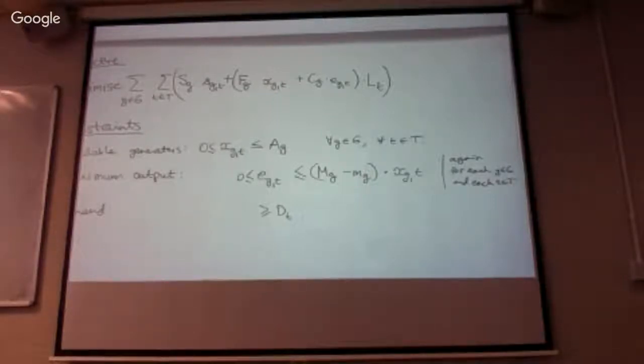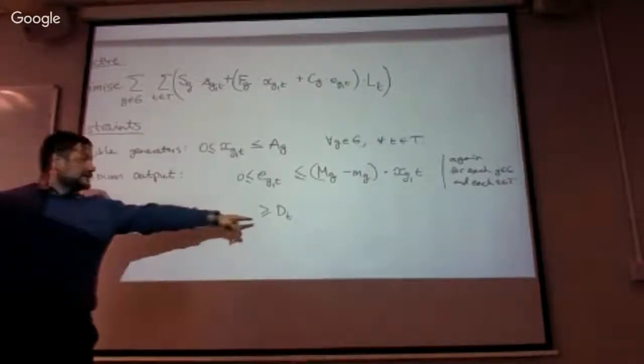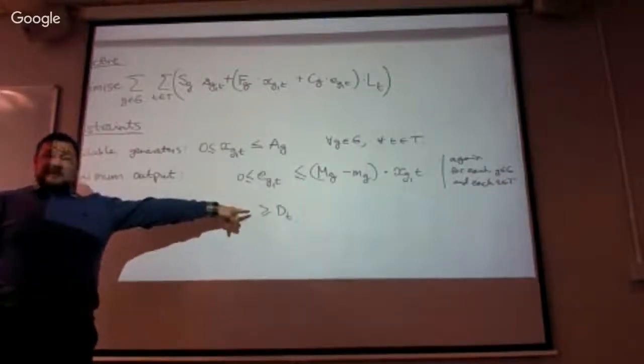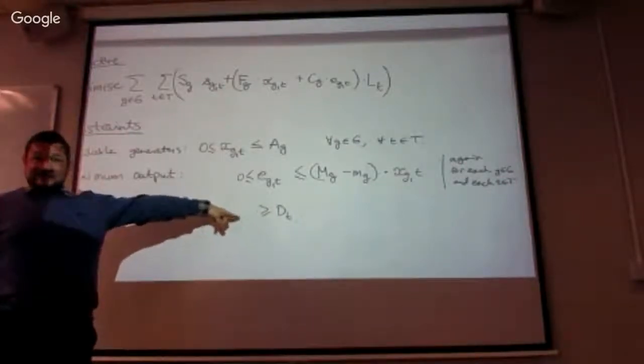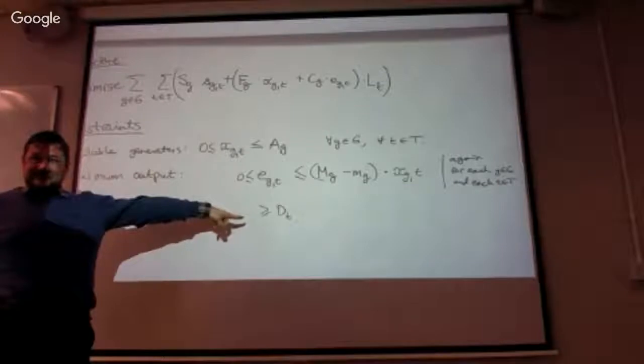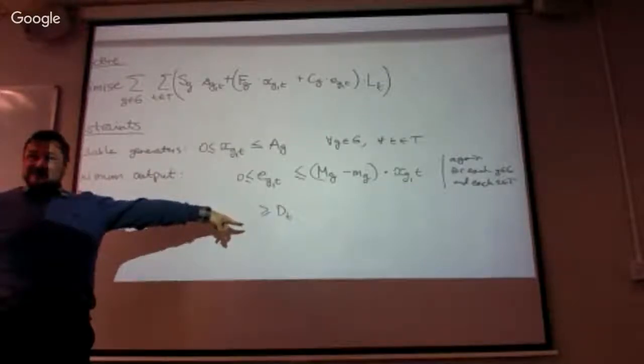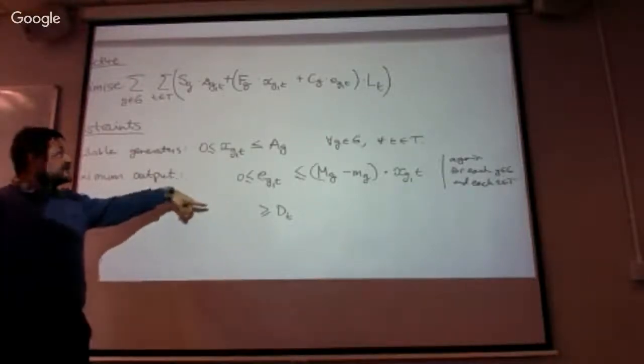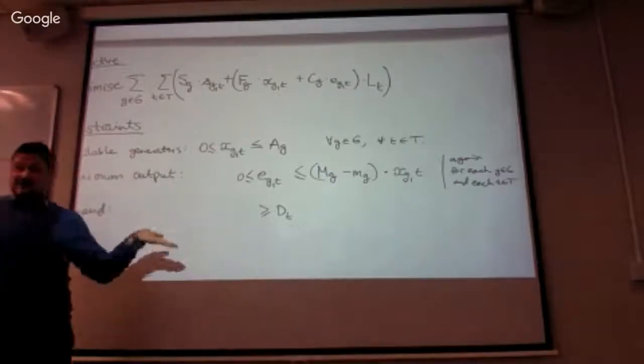So something should be more than, well, at least the demand. And that is the total that we're generating. And the total that we're generating is the minimum plus the extra.